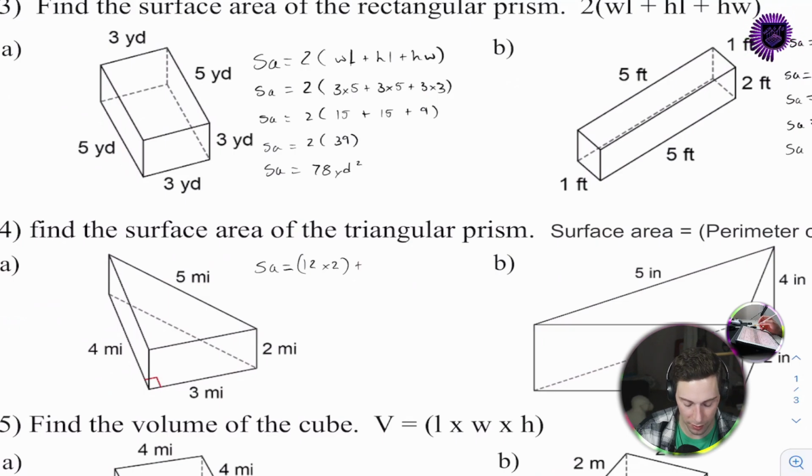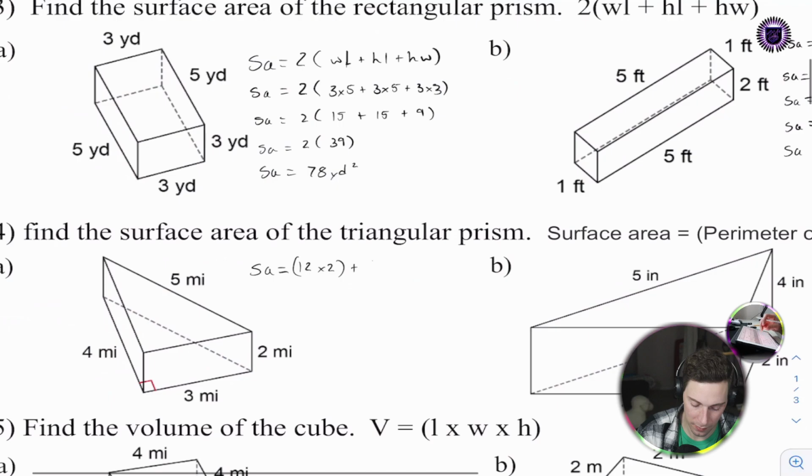Now this is a right triangle, so it's base times height divided by 2. So plus 3 times 4 divided by 2.